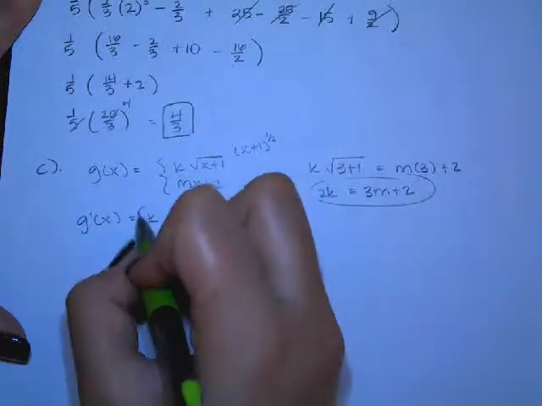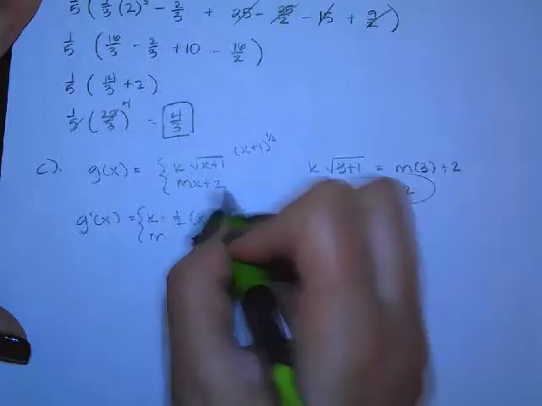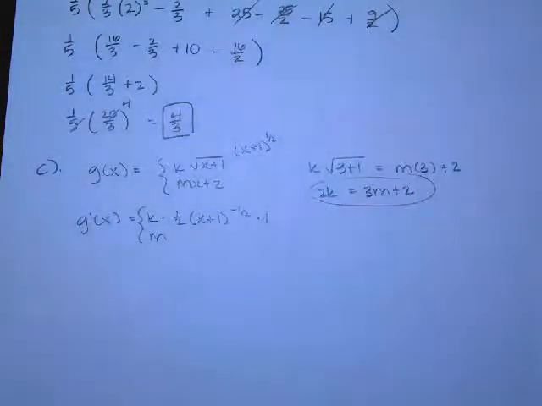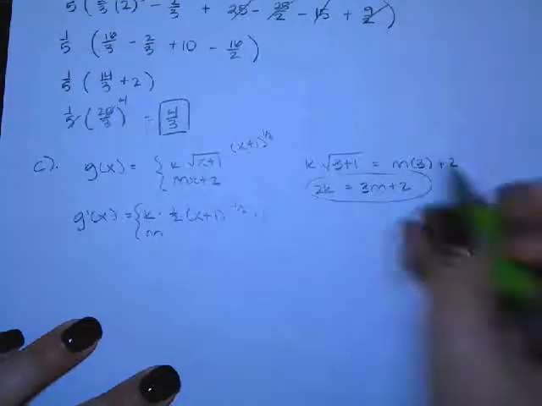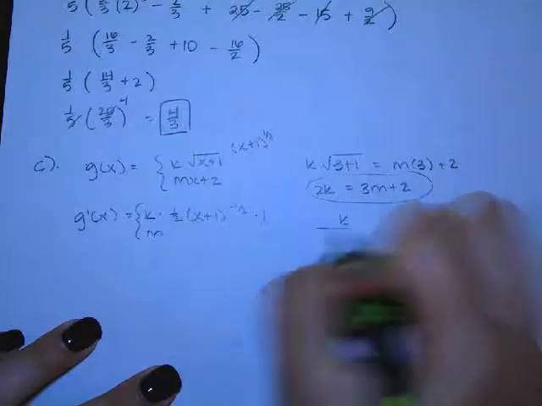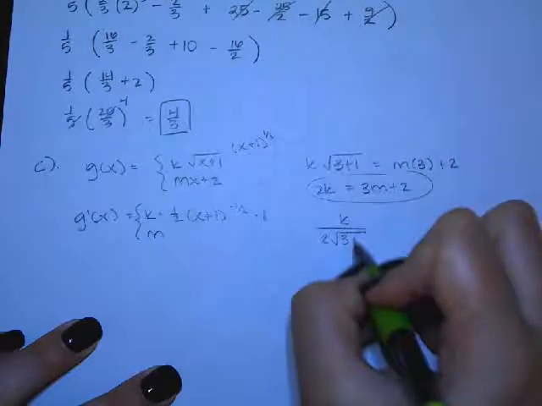And then for the second piece, derivative of mx is just m. The plus 2 would have a derivative of 0, so I'm not even going to write it. And then here I need to plug in 3 as well. So I've got k over 2 square root of 3 plus 1.